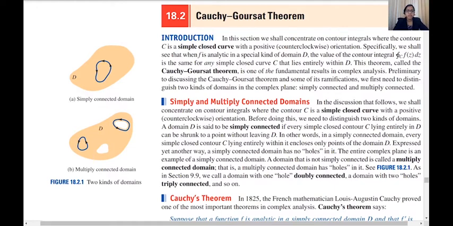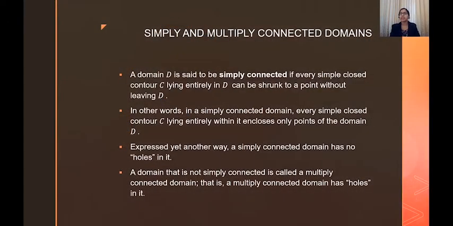Whereas figure B has many holes in it, so this is a multiply connected domain. So that is what simply connected and multiply connected domains are.